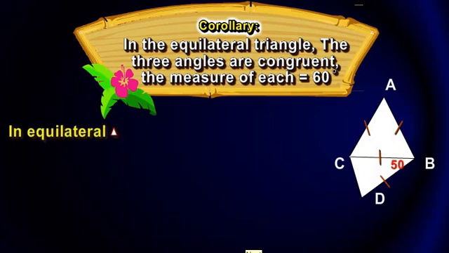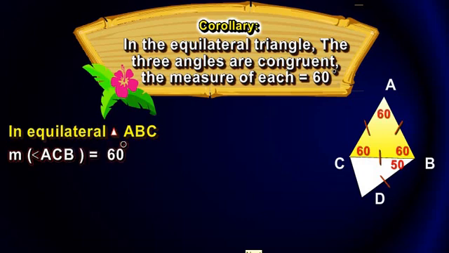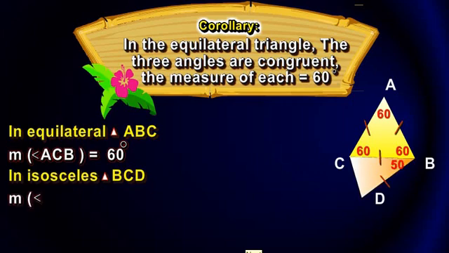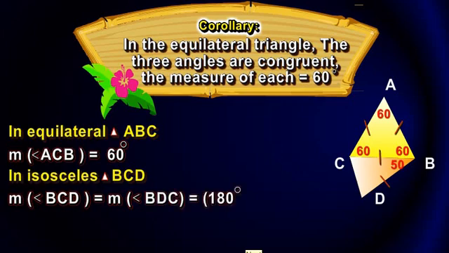In equilateral triangle ABC, measure of angle ACB equals 60 degrees. In isosceles triangle BDC, measure of angle BCD equals measure of angle BDC equals (180 degrees minus 50 degrees) over 2 equals 65 degrees.